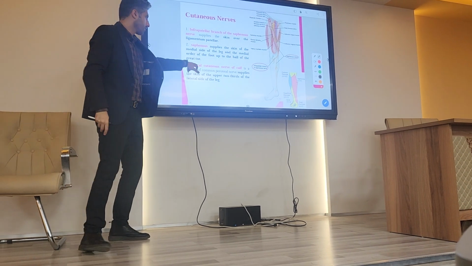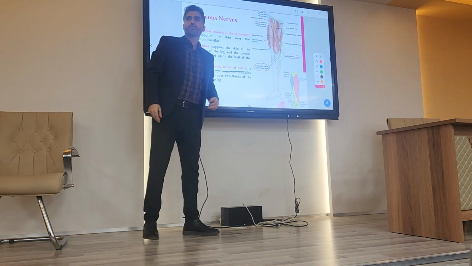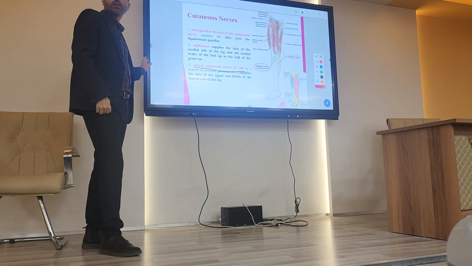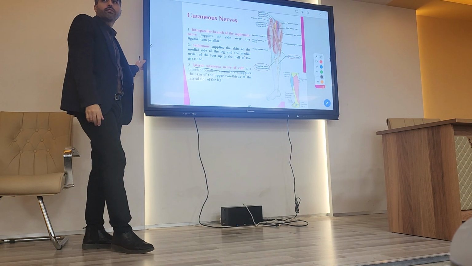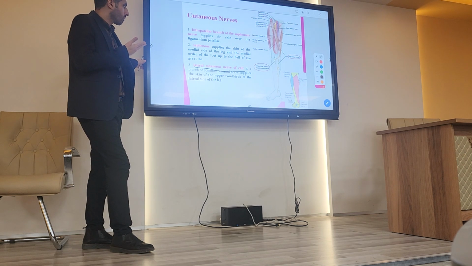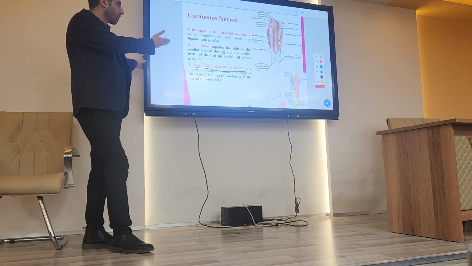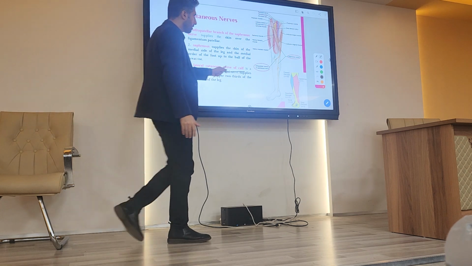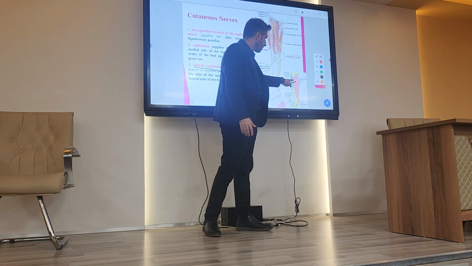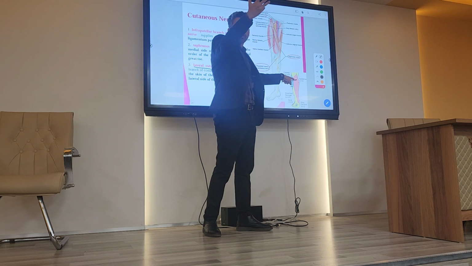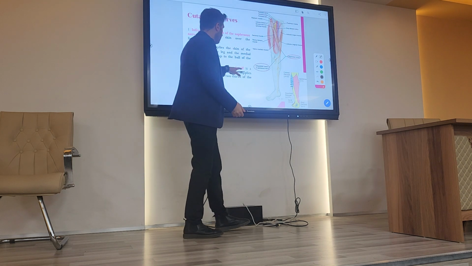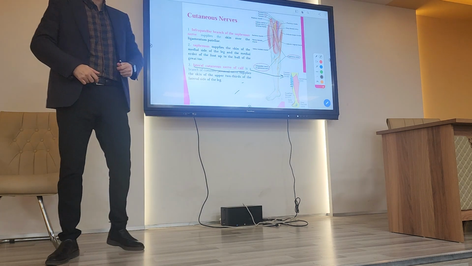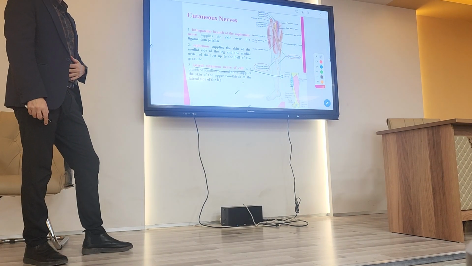And this one, lateral cutaneous nerve of the calf, is the second branch of the common fibular nerve in the posterior side of the leg. So what is the action? Lateral side of the skin in the leg. Goes about here. You can see common fibular. What is the branch of common fibular? Lateral cutaneous nerve of the calf. So this is the origin, and you can see the function.